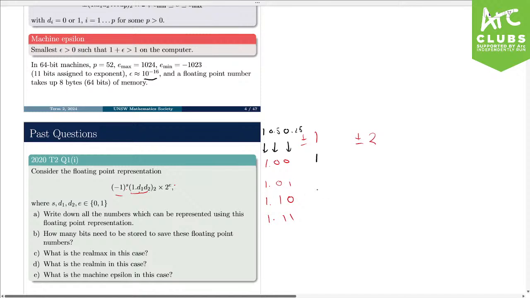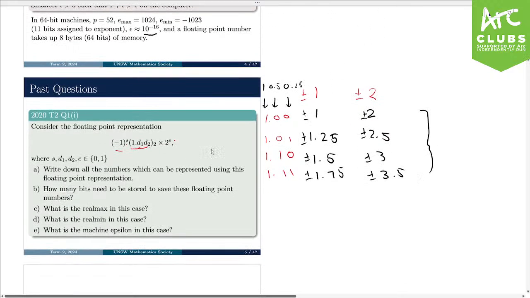So here we have 1.25, 1.5, and then 1.75. And we'll be taking plus minus in all of these. And then we multiply by 2 for this. And these are all the numbers that can be represented using this representation.